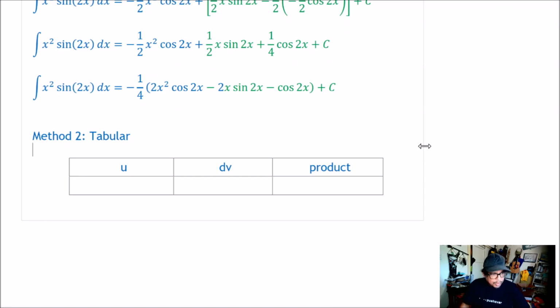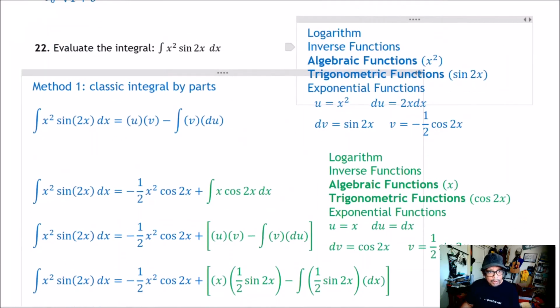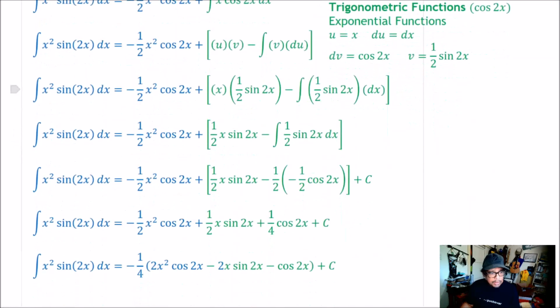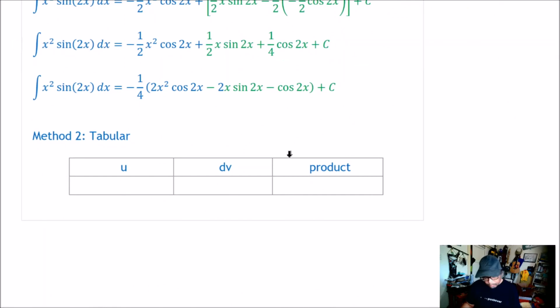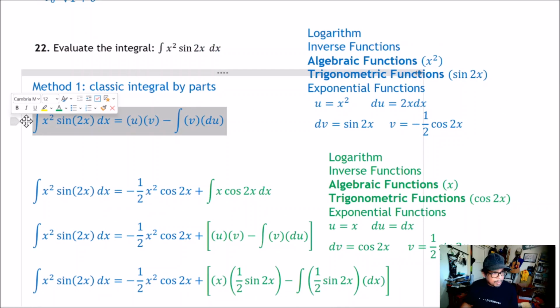Okay, here's our table set up. We're going to use the same method of figuring out our u and our dv that we used up there. So hopefully it's not too much of a burden if we just use it. We've got an x squared here. And then over here for our dv, actually we probably should copy down our problem.